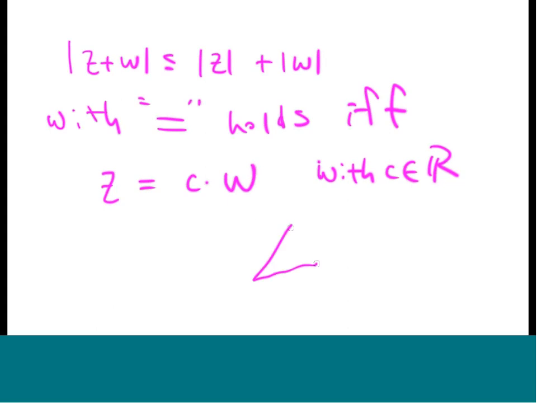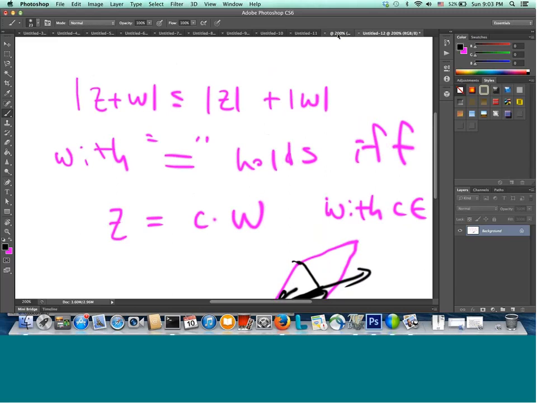This one cannot hold. So only this line merges with this line. The angle has to be 0. So it has to be one like this, another like this. Has to be the same line. Okay, we're going to talk about this thing again in a minute.